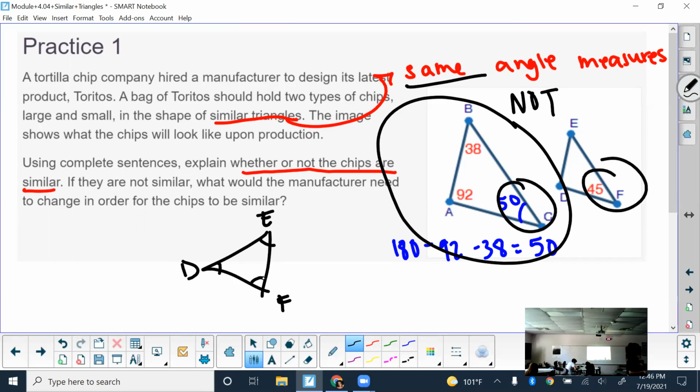Are you guys just not understanding? Are you just too shy? If these are supposed to be similar triangles, what should angle E measure?